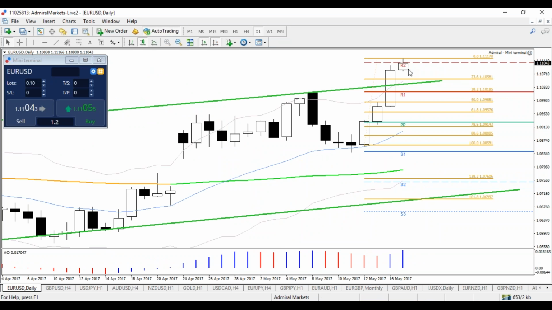So I would like to see that correction for price to get down to 1.1050 or 1.1020 to be precise. Stop loss, I would be thinking about yesterday's low, which is 1.0970.